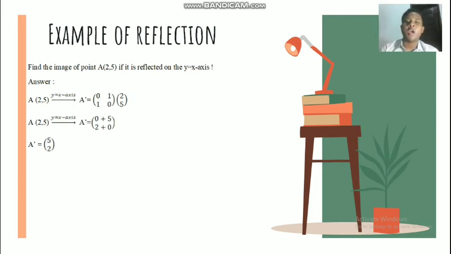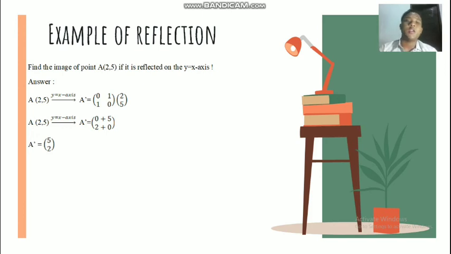And then what if the same point is reflected on different axes? Will the result be the same? Okay, the same point is A(2, 5). Find the image of point A(2, 5) if it is reflected on the line y = x.